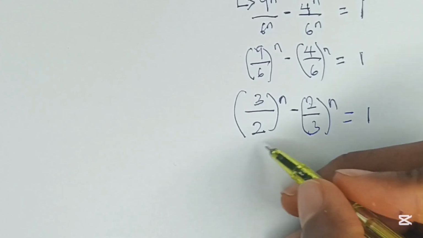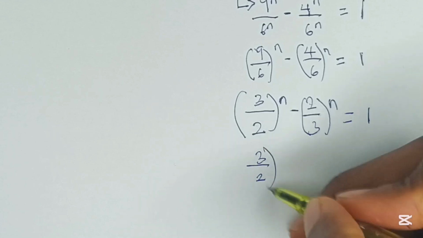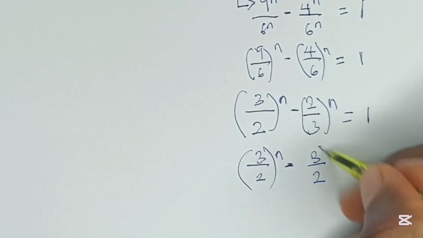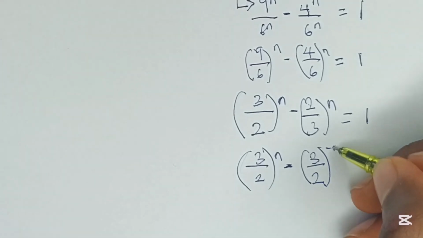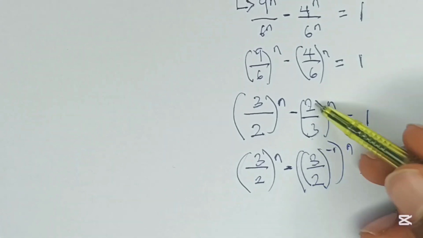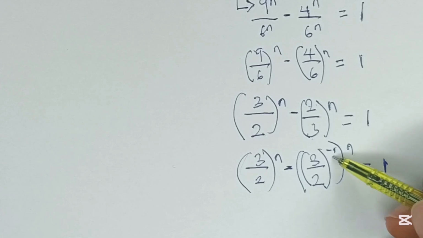Now we can also say that 3 over 2 all to the power of n minus, this can be 3 over 2 all raised to the power of minus 1 all raised to the power of n is equal to 1. We inverted this and then it becomes raised to the power of minus 1.